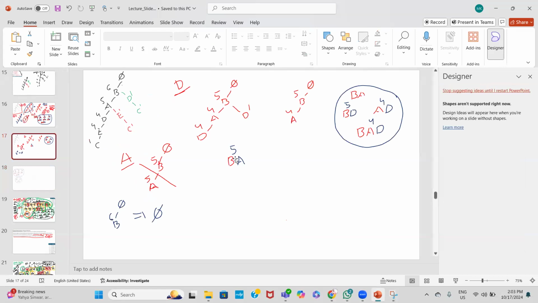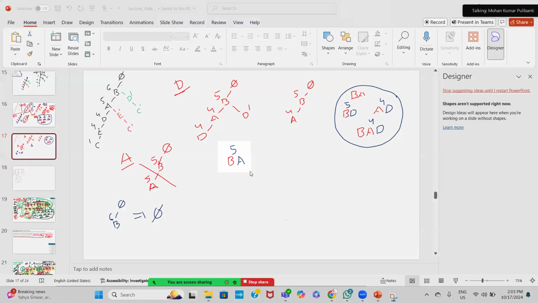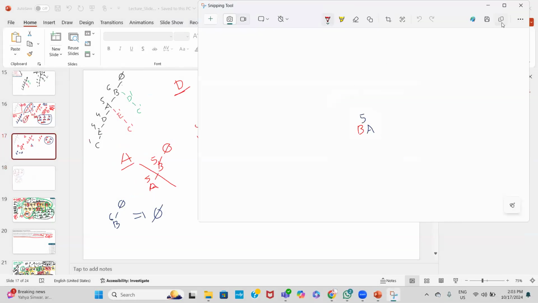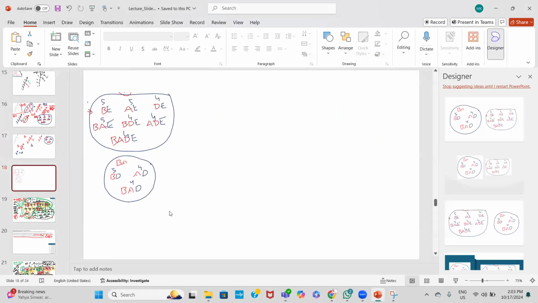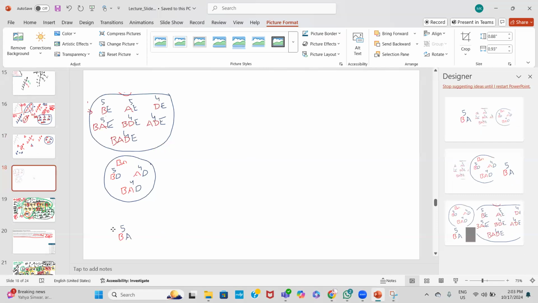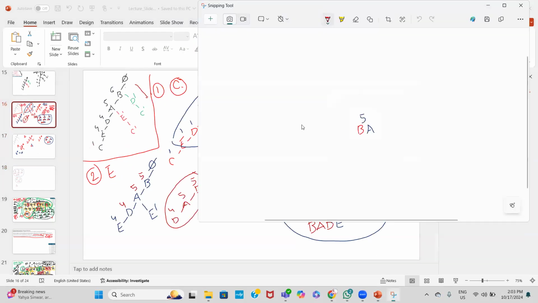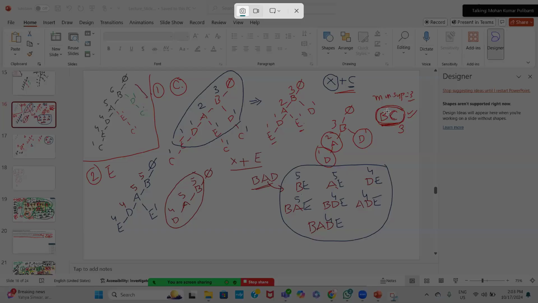The third part is what is the other one that we have got? We have got BA 5, right? We got BA as 5, and we have got the other one which is BC. We also have got BC with support 3.